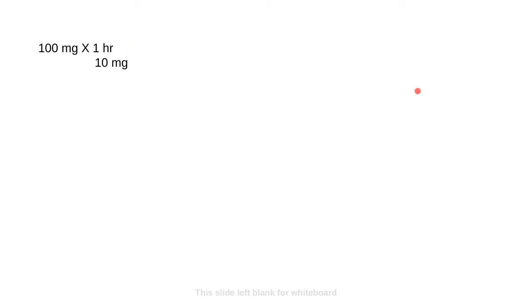So I didn't put ml in this chart. You can put it wherever you want, but just think about it this way. If my goal is to have 10 milligrams every hour infusing, and here the 100 milligrams are synonymous with the 100 milliliters that are going. So just loop those two together.